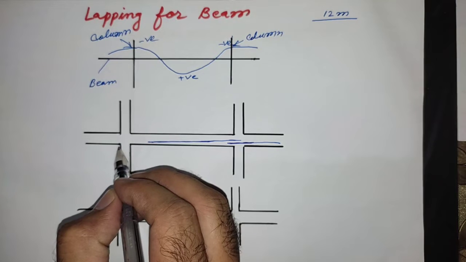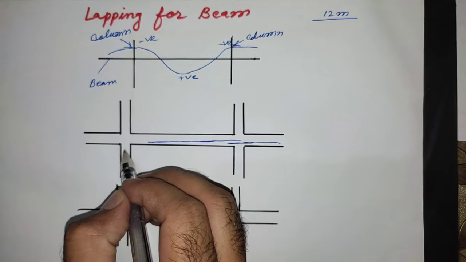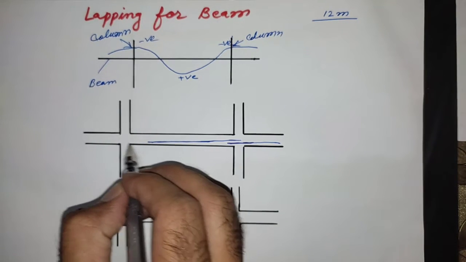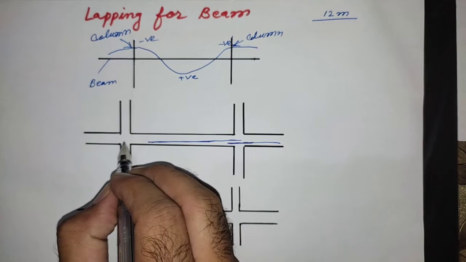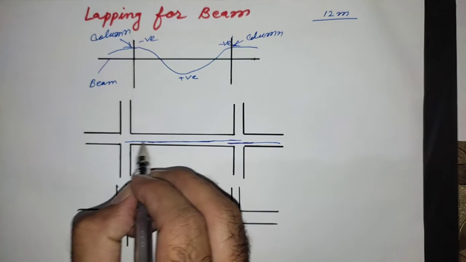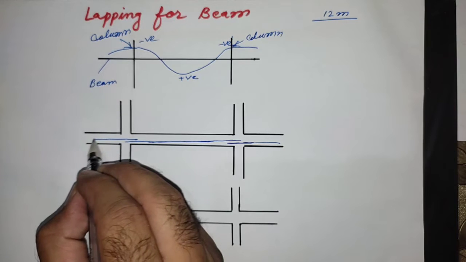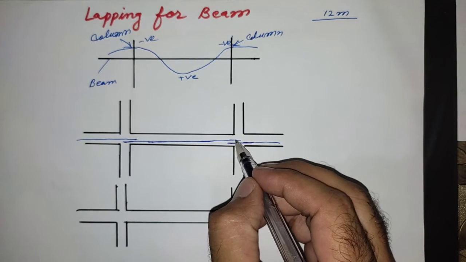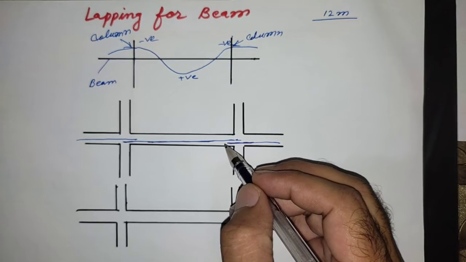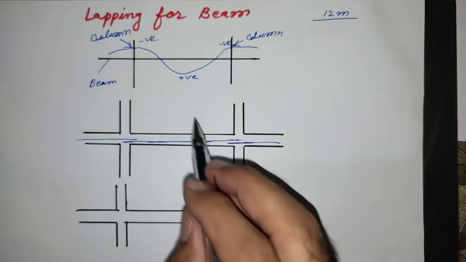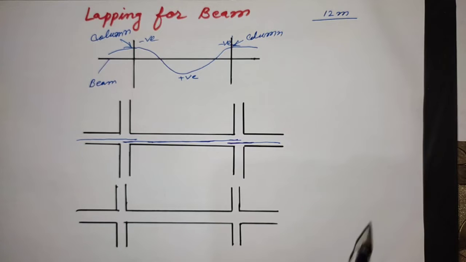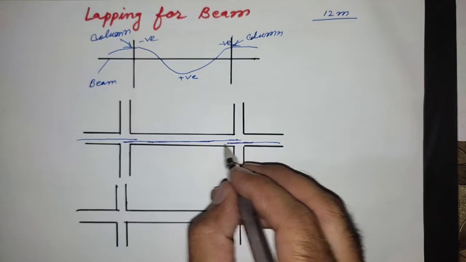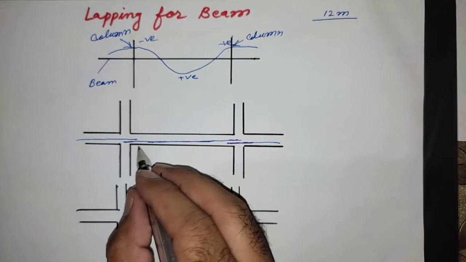Also here is zero moment, so we will provide lapping here, in this side. This is the bottom reinforcement of beam.